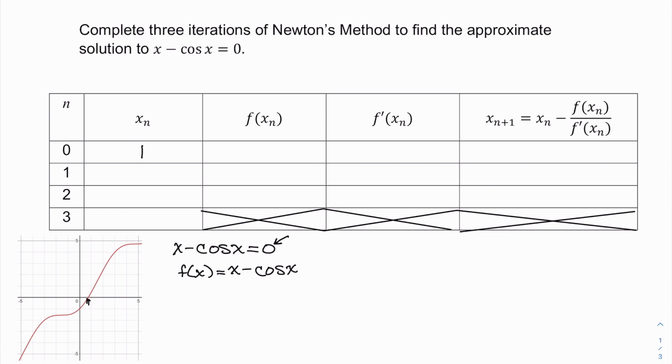Now we want to find f of our x value, our first guess, and f of 1 is equal to 1 minus the cosine of 1.